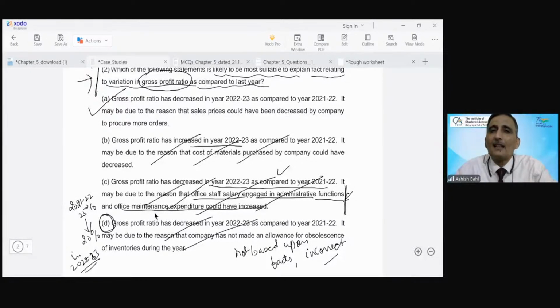So now ICAI is testing your ability to apply the concepts. It was just a plain application of your accounting knowledge to an auditing situation.